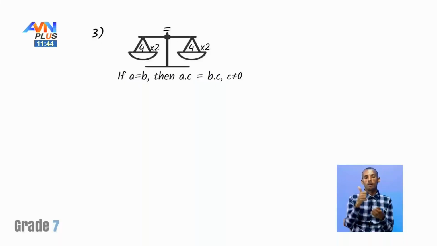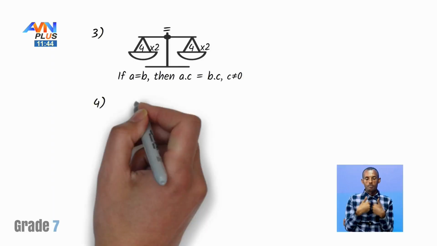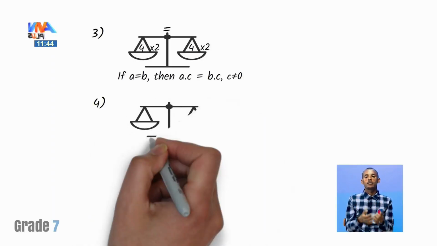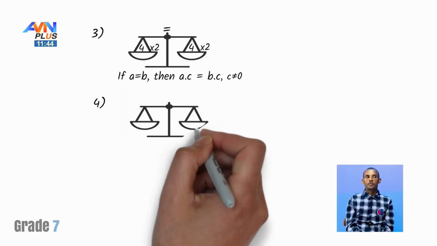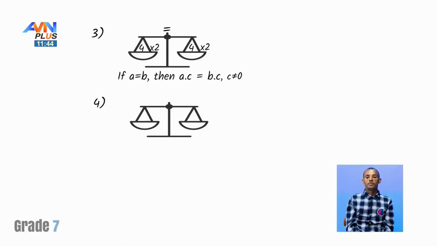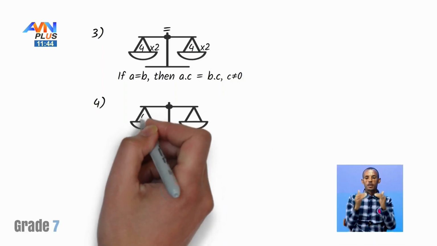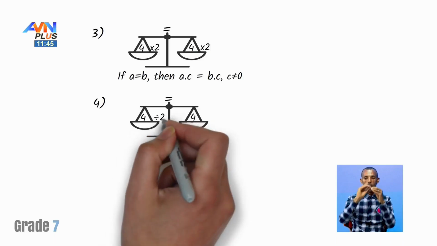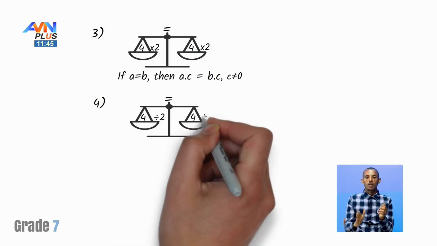The fourth, here you have a balance. This is equal. If you have 4 here and 4 here, and you divide both sides by the same non-zero number, you will have 2 on this side and 2 on the other side.